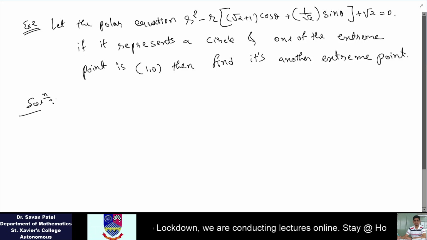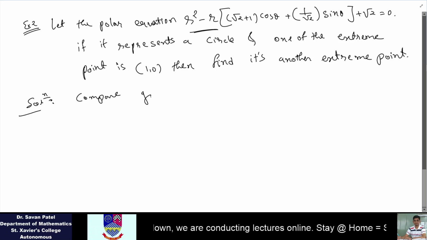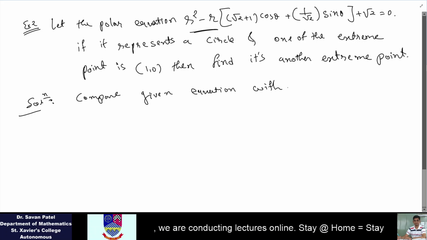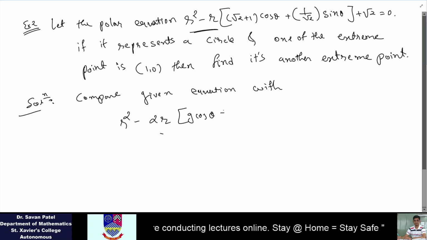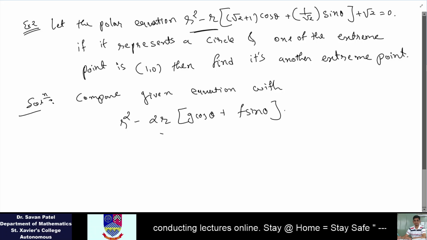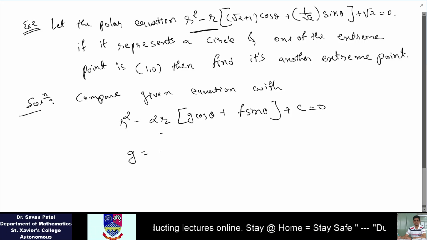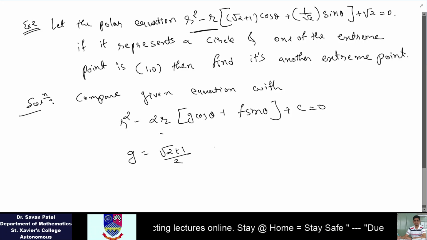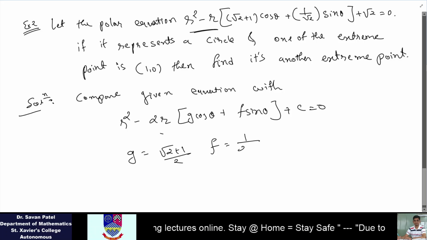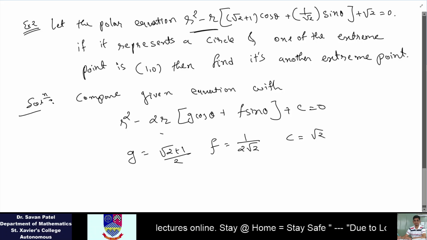So first of all, check whether this equation represents a circle or not. So you compare the given equation with the general equation of circle, that is r square minus 2r (g cos theta plus f sin theta) plus c is equal to 0. So from that, your g is equal to (square root 2 plus 1) by 2, and your f is 1 by 2 square root 2, and c is root 2.